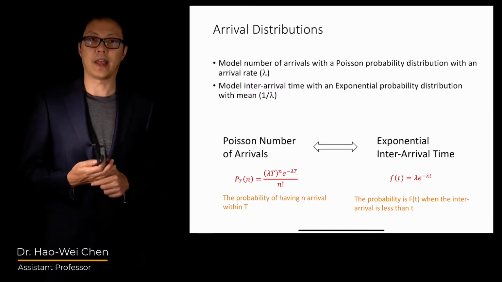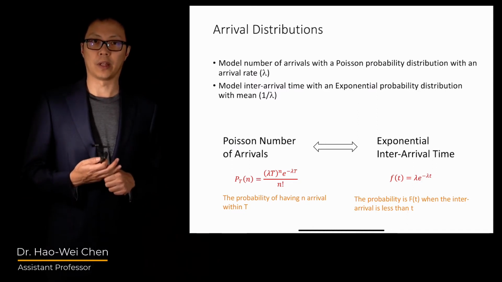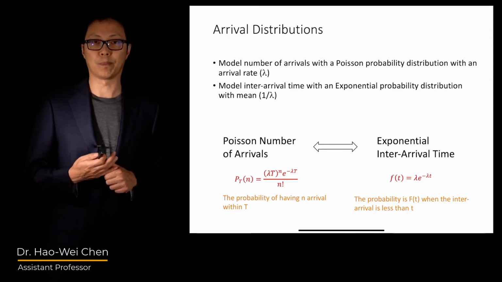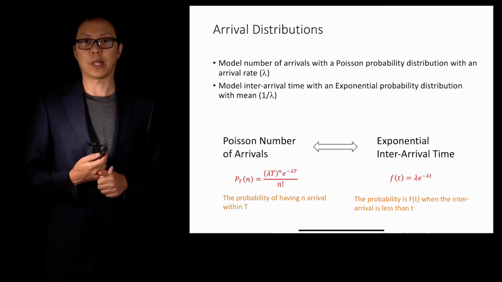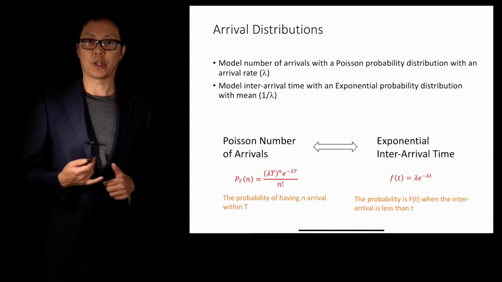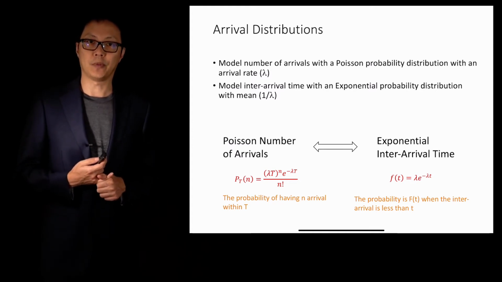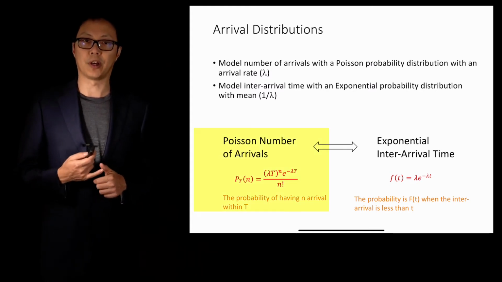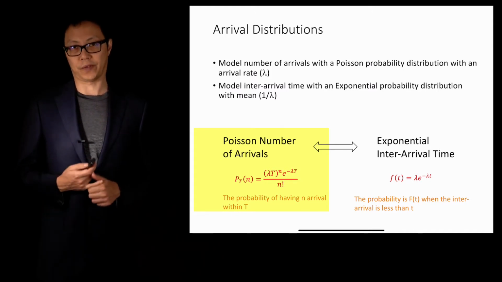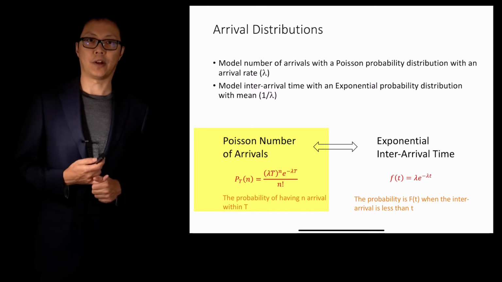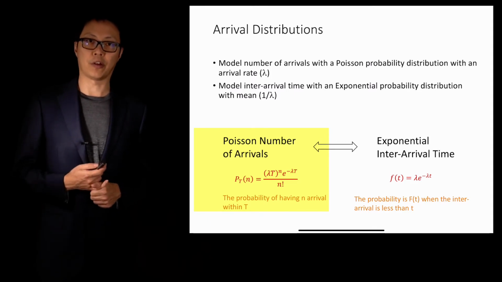Or we can say that the inter-arrival time follows an exponential distribution with mean equal to 1 over lambda. When we have Poisson arrivals, we can use the formulas on the bottom to calculate the probability of having n arrivals within the next t units of time. Let's take a look at a couple of examples to see how it works.